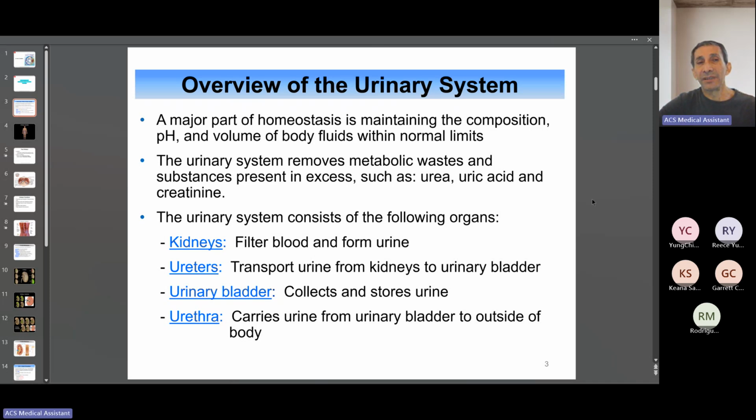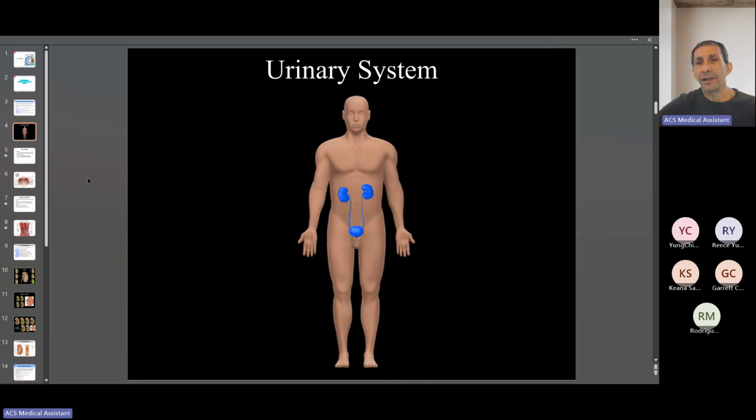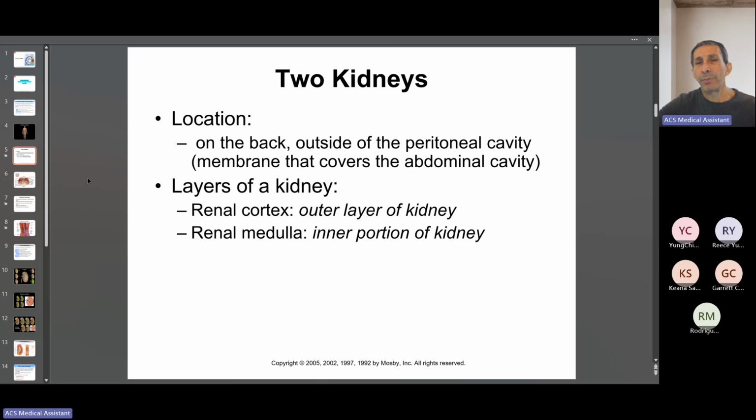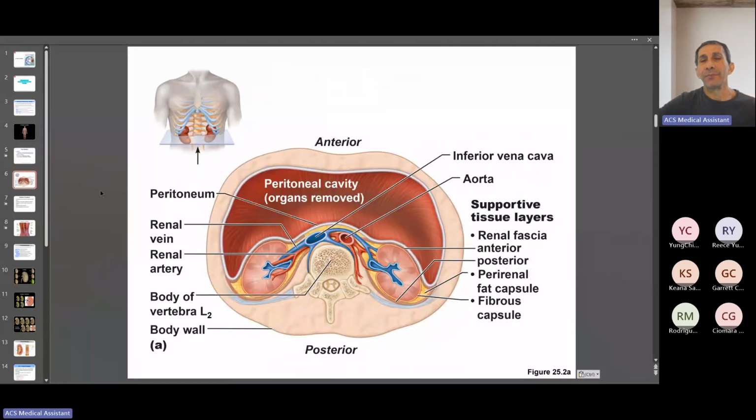Remember that we know that these kidneys are located on the back, outside of the peritoneal cavity, the peritoneal membrane. So I have a picture that I just added. Remember, we talked about the location, back, outside of the peritoneal cavity. So let me show you how it works.